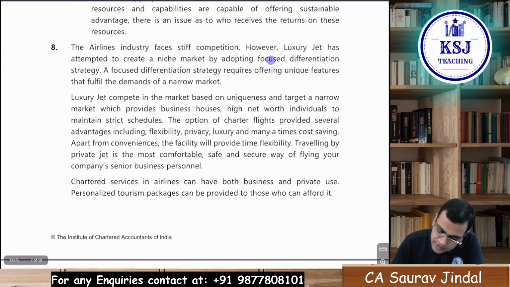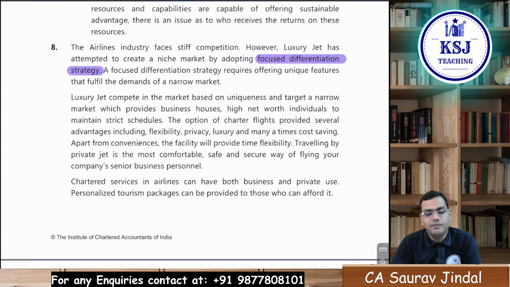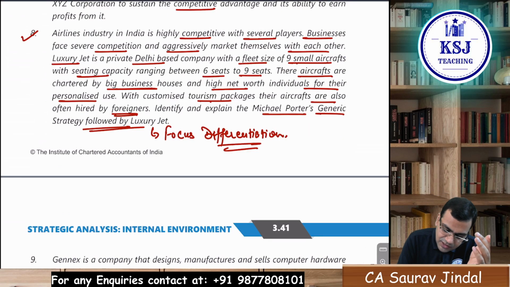See here, it is clearly by adopting the focused differentiation strategy, right? You have to explain the focused differentiation, and you have to explain how this particular company is applying the focused differentiation, because they are giving their jets to the high-end individuals. This line you have to pick up.